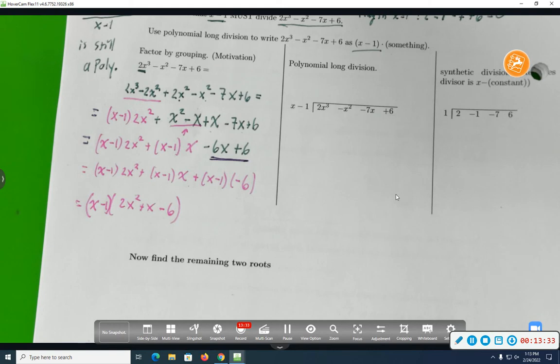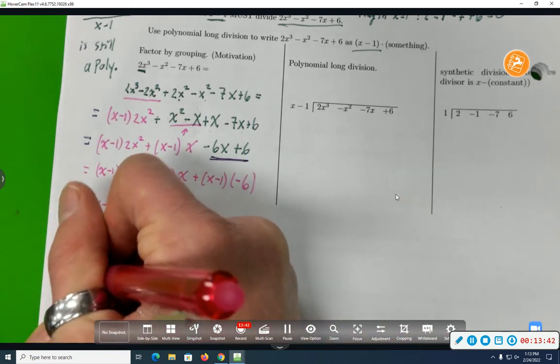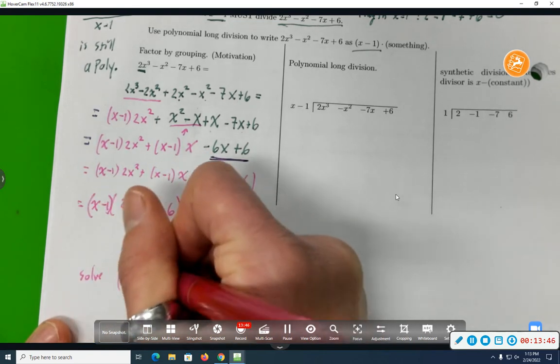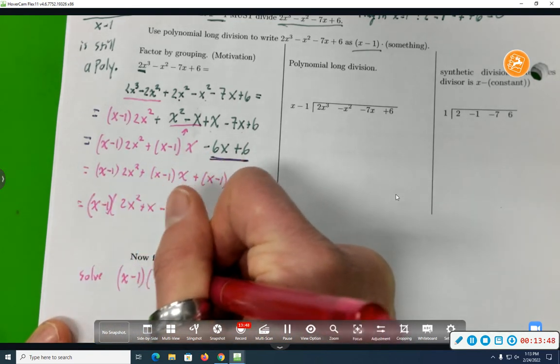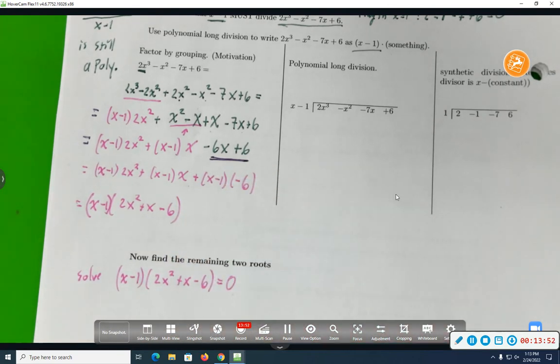But regardless, now that we have this result, let's jump down here and find the remaining roots. So we originally wanted to solve, well, let's replace it with what we have: (x minus 1)(2x squared plus x minus 6) equals 0. When I see two things multiplied together and set equal to 0, one of the two has to be 0.